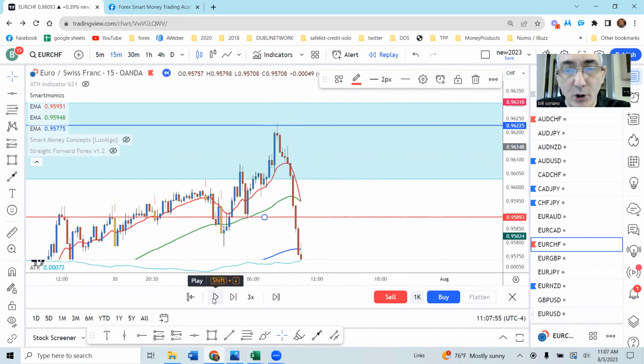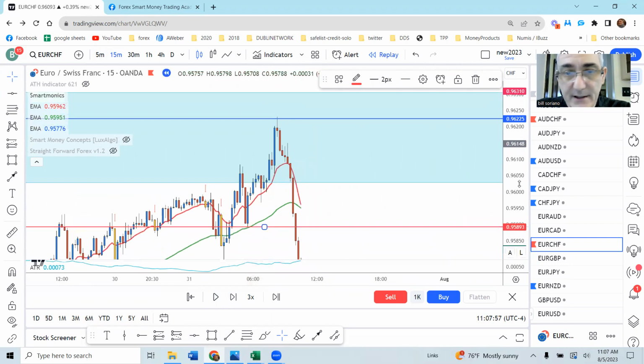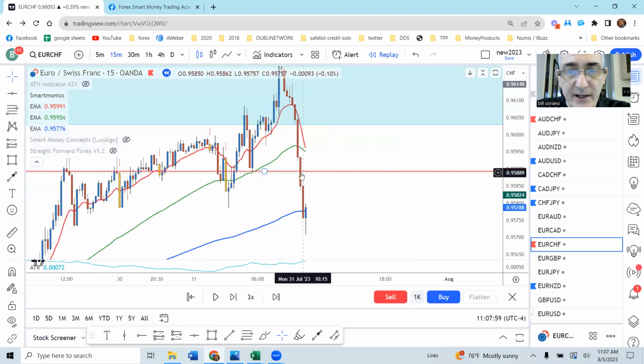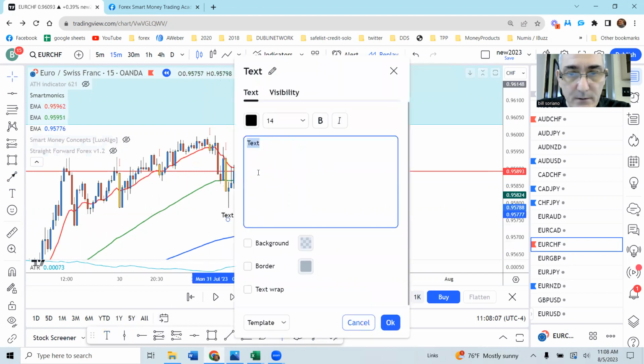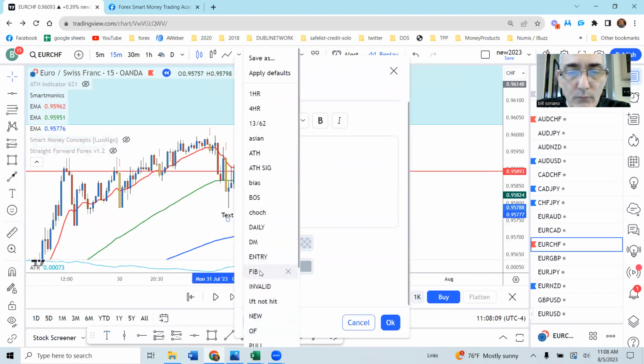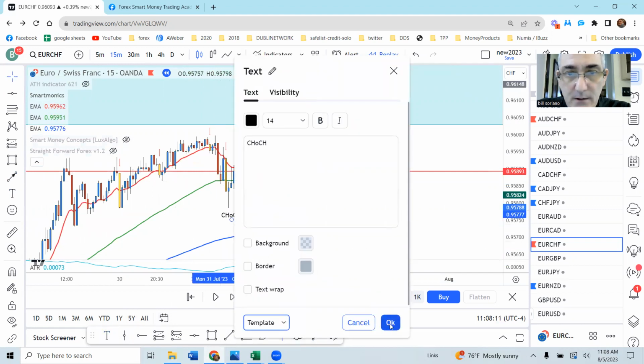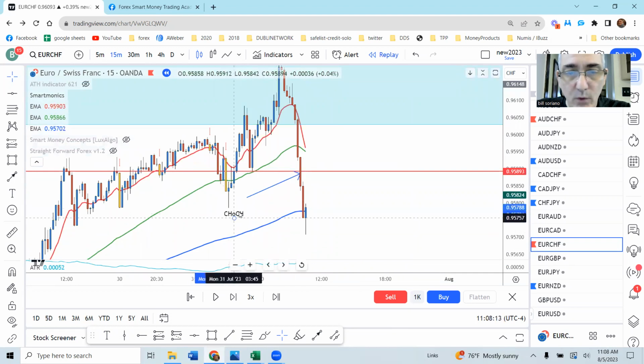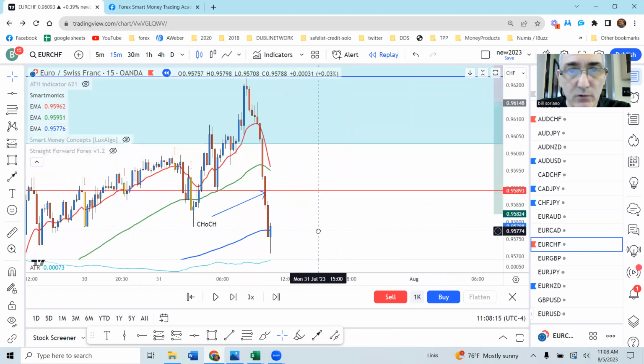So here what happens is boom, right there, we get our change of character. There's our break of structure, and that candle right there, when that closes, gives us our choke. I'm trying to show you why we would have taken these trades, what we're looking at.